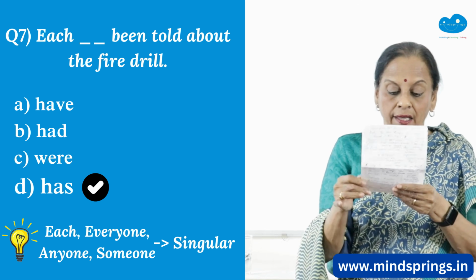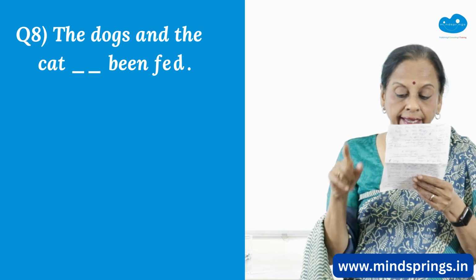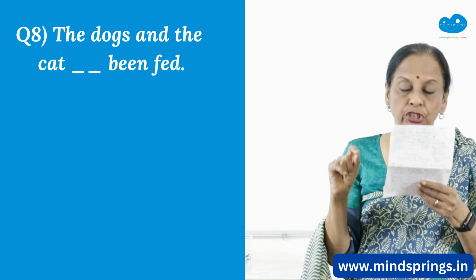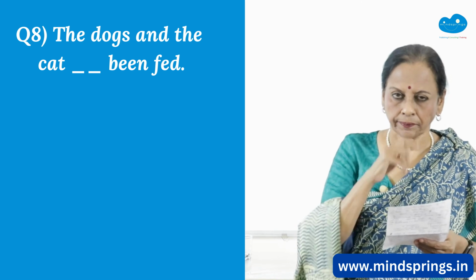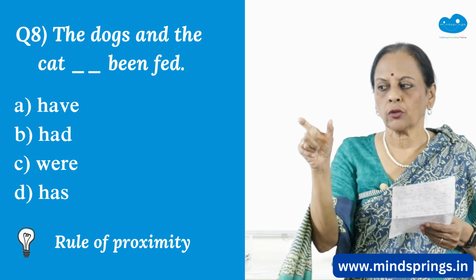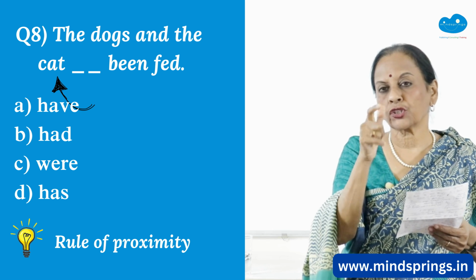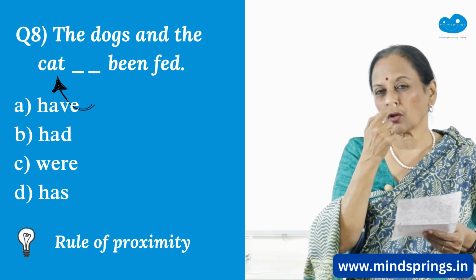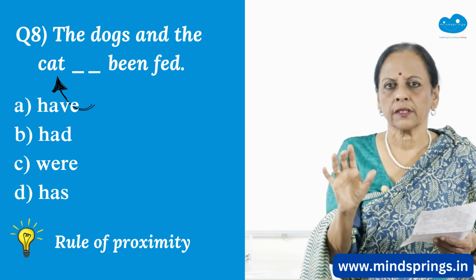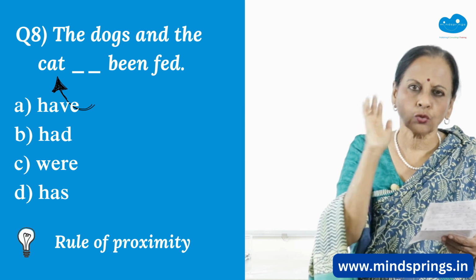Okay. The next one is: the dogs and the cat dash been fed. This is what I call the rule of proximity. Just before the blank, what is your noun? Is it singular or plural? Proximity means next to each other. The blank is next to a certain noun.